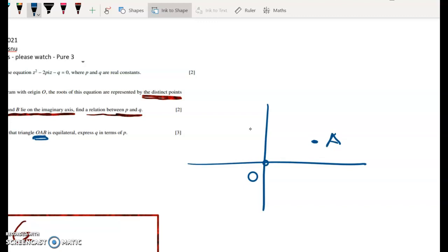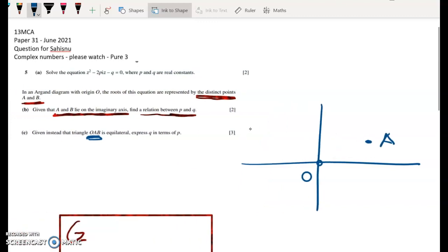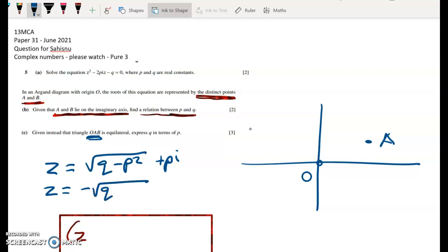What do I know about A and B? We've got Z is equal to, where's my first point? This, root Q minus P squared plus Pi, or Z is equal to negative root Q minus P squared plus Pi. So let's think about the three situations we can have.